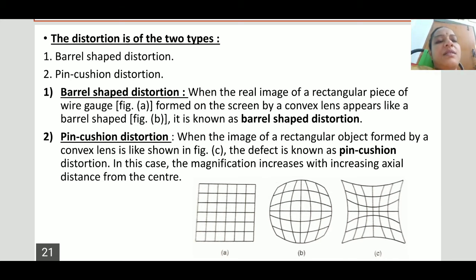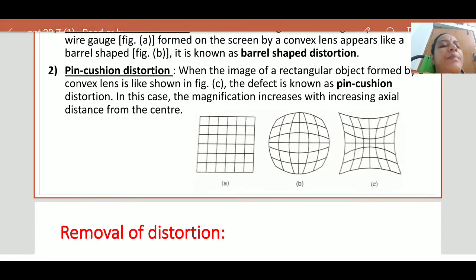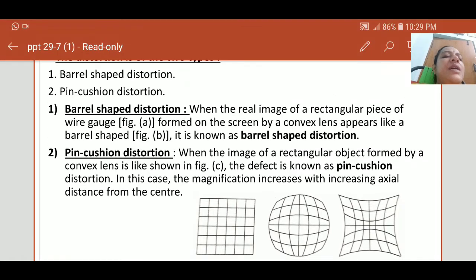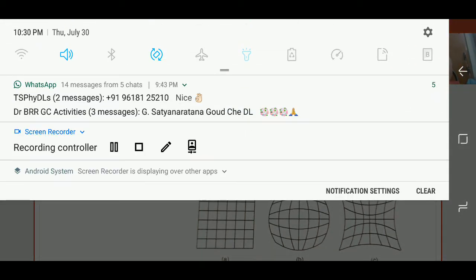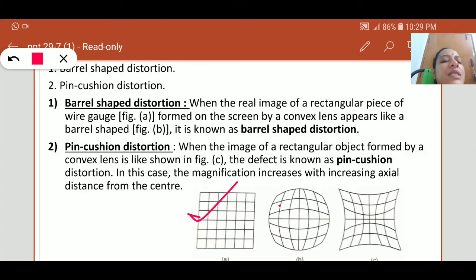You are observing in this figure, A is our object, B is the barrel shaped distortion, and C is the pin cushion distortion. Coming to barrel shaped distortion, when the real image of a rectangular piece of wire gauze formed on the screen by a convex lens appears like a barrel shape due to the magnification, it is known as barrel shaped distortion.